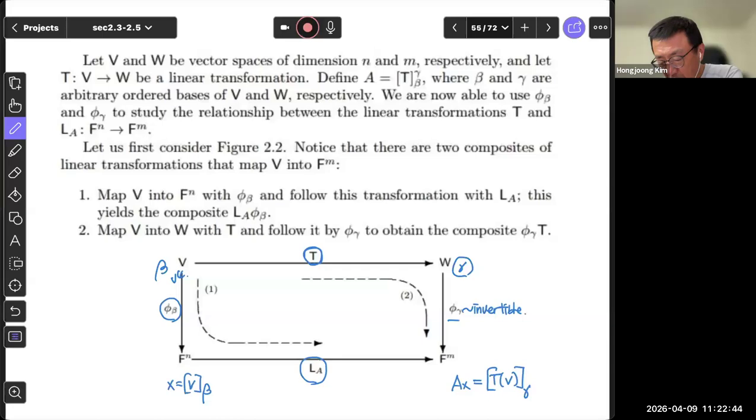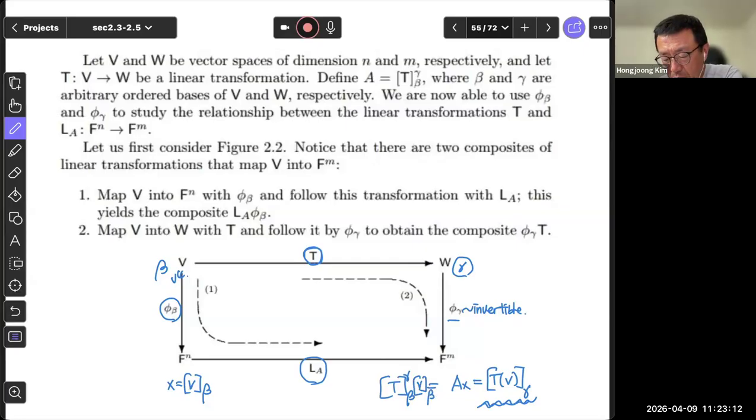Okay. Of course, in this diagram, this coordinate of the image with respect to gamma can be found this way or this way.